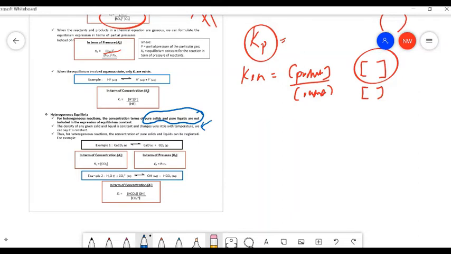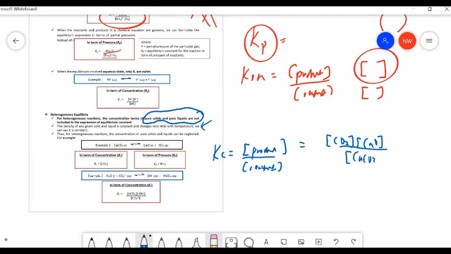Contohnya yang ini, okay, Kc-nya adalah, kita tahu kan, Kc equal to concentration of the product over dengan reactant. Kalau kita tengok kat sini, produknya adalah CO2 kuasa 1, CO over dengan reaktannya adalah CaCO3.